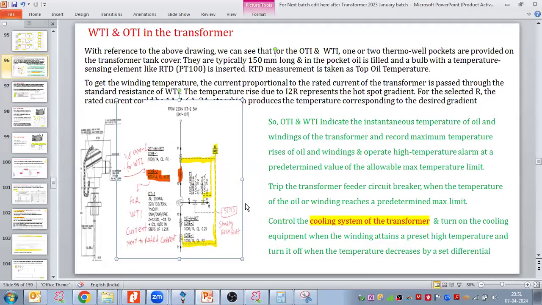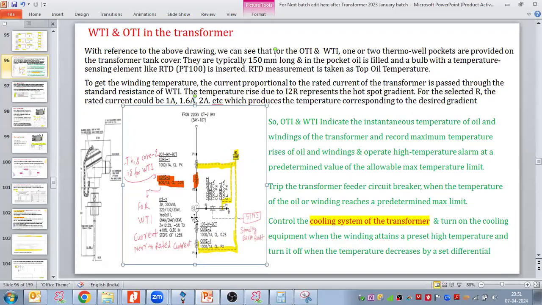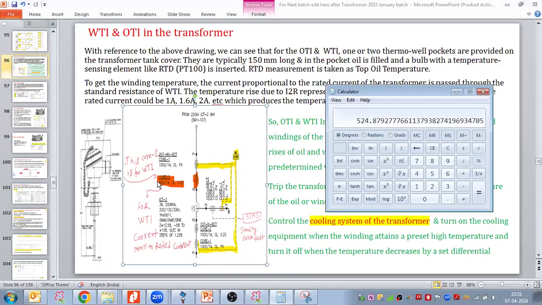Yes. But the actual current rating is nearly 524 amps, and 524 is not a standard rating for the CT. Due to that reason, we have taken 600.